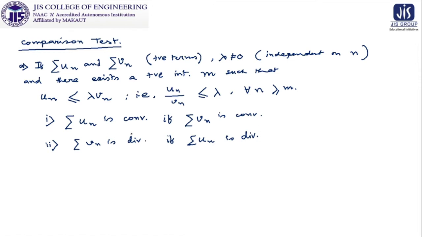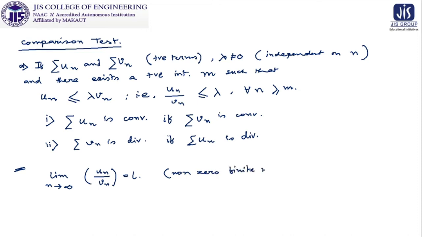Now there are various ways of presenting comparison tests. You will get some expressions like limit n tends to infinity of un by bn, if it is equal to L, meaning this L exists, and L is a non-zero finite number.